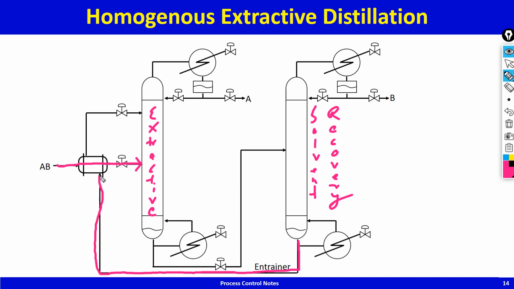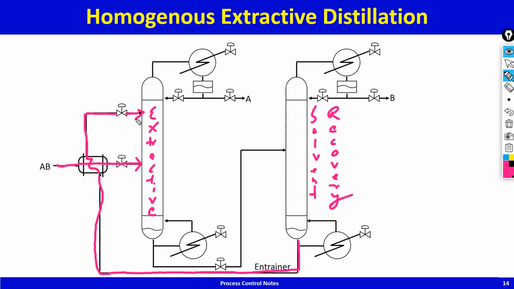It is hot because it's heavy. So it loses some of its heat to the cold feed, preheats the cold feed, and the cooled entrainer is fed into the extractive column somewhere near the top but below the reflux.